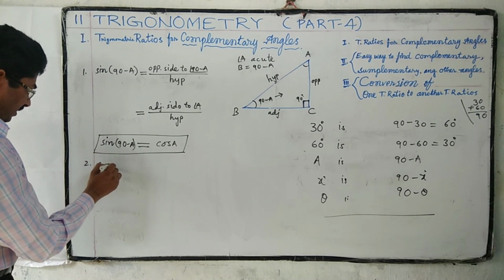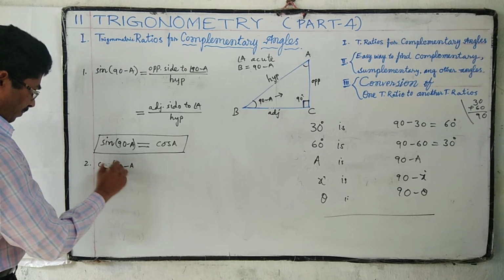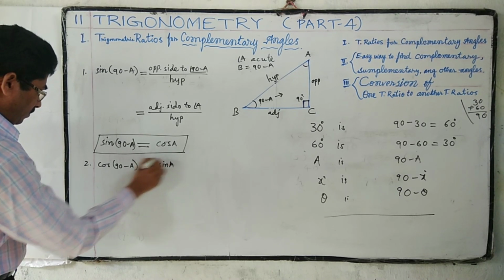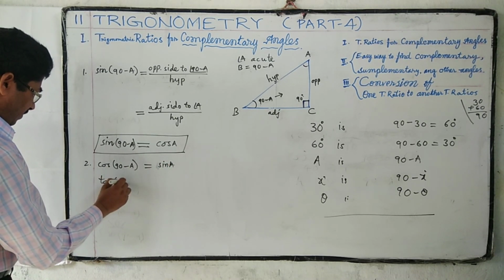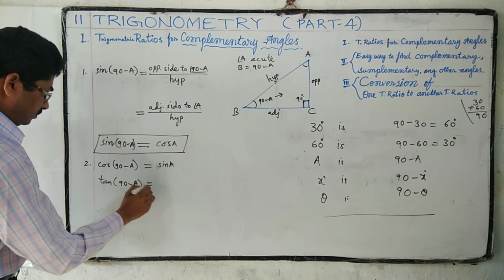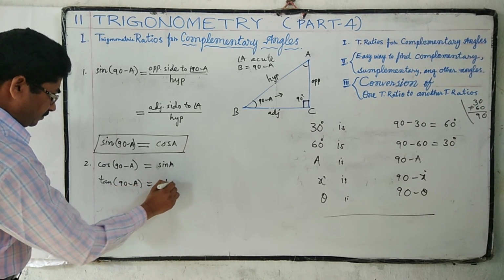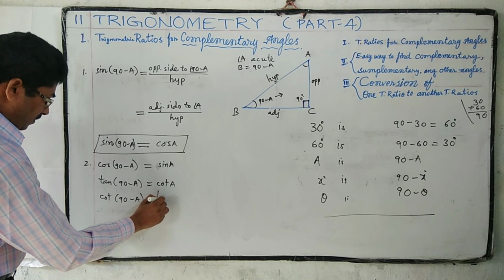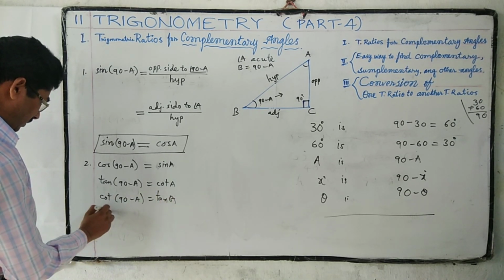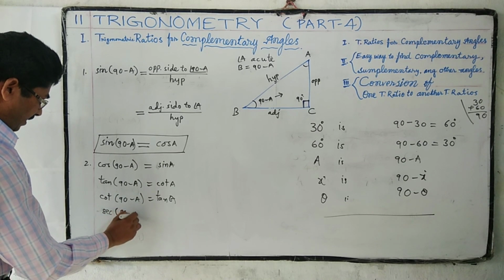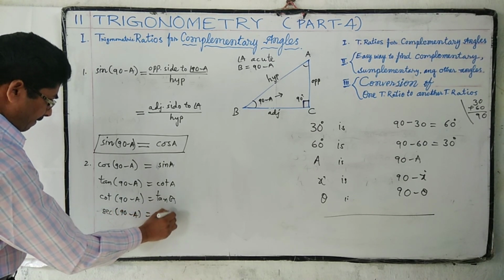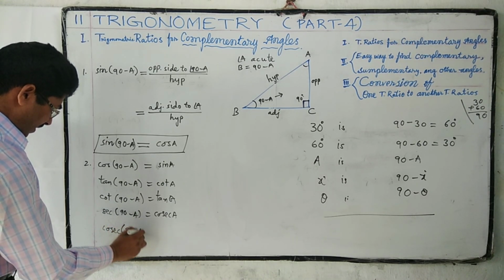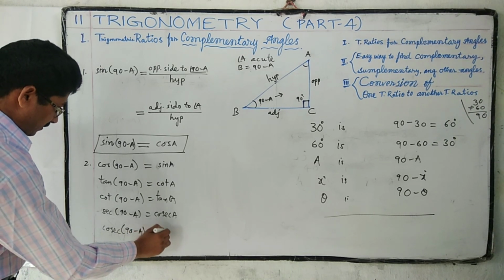Second one, cos 90 minus A is equal to sin A. Tan 90 minus A is equal to cot A. Cot 90 minus A is equal to tan A. Sec 90 minus A is equal to cosec A. Cosec 90 minus A is equal to sec A.